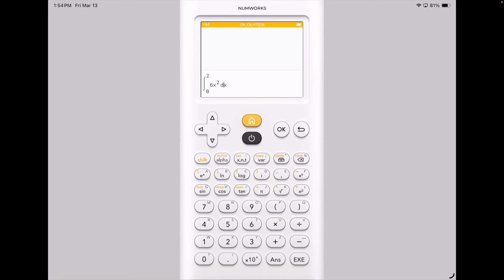Squared minus 18, and then plus 12. Already got a dx there, right? Hit enter. There you go, 4. The area under the curve from 0 to 2 is positive 4.